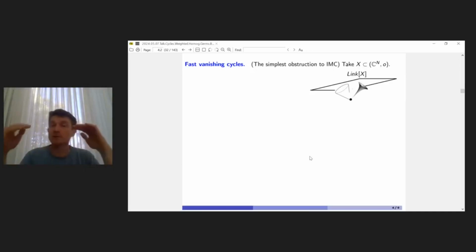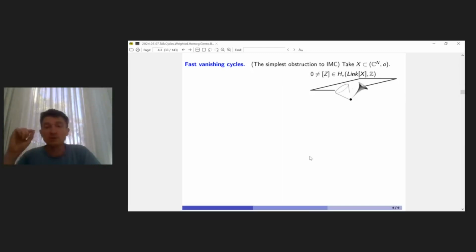There are some cycles; the homology is non-zero. Once we have the cycle, we can contract the link to the origin. As the link is contracted, the cycles also get contracted, and then we get such germs inside X. Once again, here is the homology of the link.